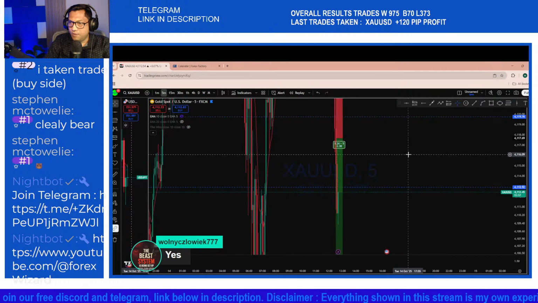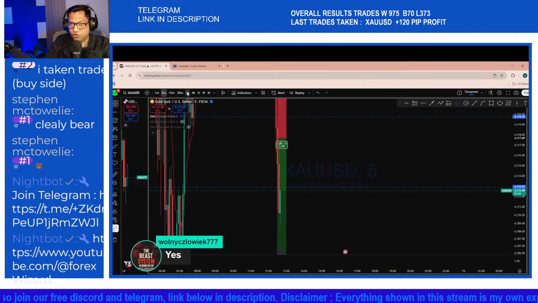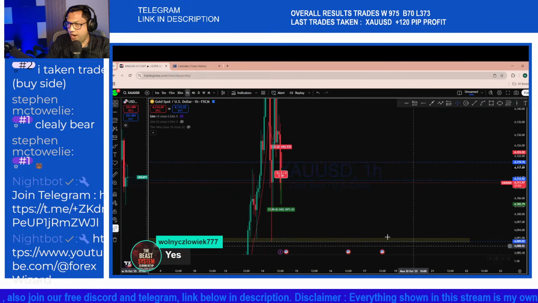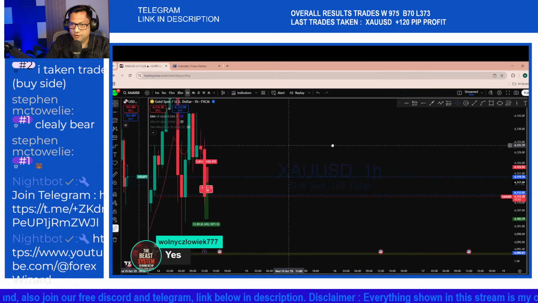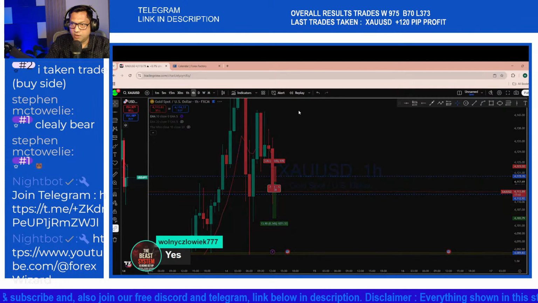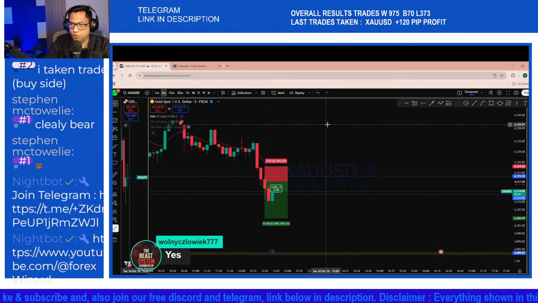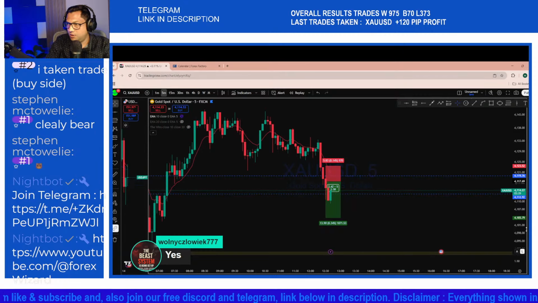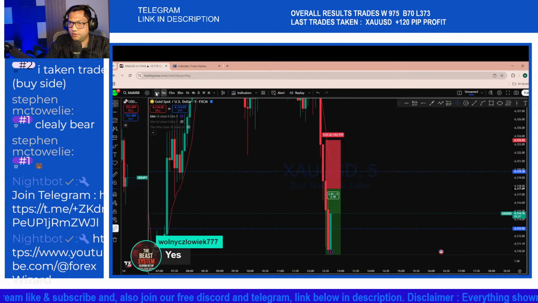So you're taking the profit, taking the trade off, and where the market is currently showing up in that area. So the price potentially could come down here to that support.